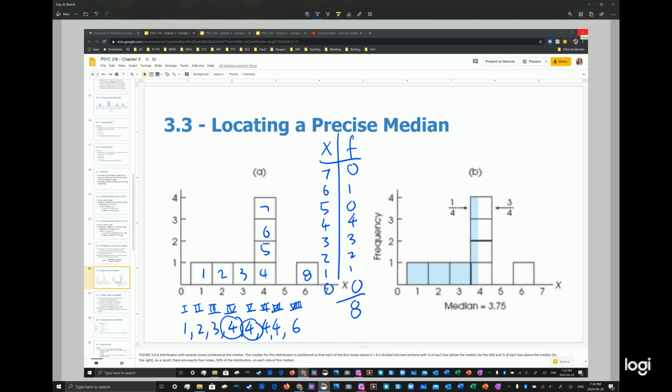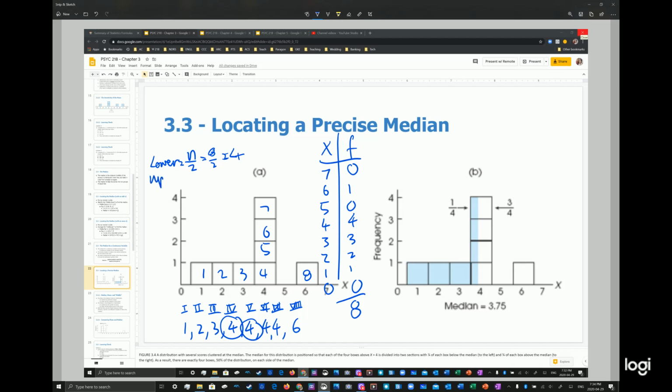We know it's the 4th and 5th score. So here our lower value is, I'll write this again, this is a little bit messy. There you go. 4 is the answer: 8 over 2 is 4.